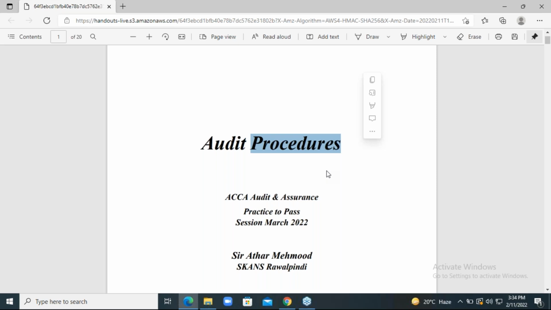There are analytical procedures, there is comparison, there is circularization report. So all these important procedures are applied on different heads of the financial statements like assets, liabilities, revenue, and expenses. And the purpose of applying these procedures on these various heads is to obtain sufficient and appropriate evidence.